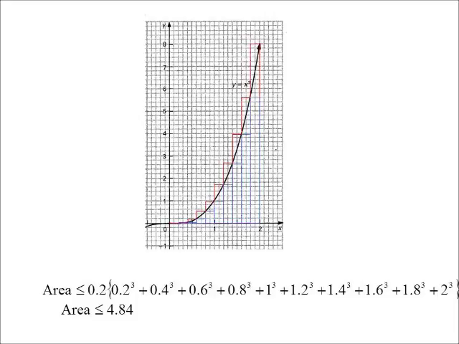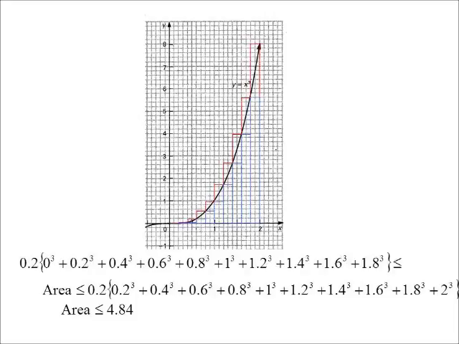Keep expanding out. Here they go. And I've now trapped it between 3.24 and 4.84. The average of those two, we're going good, is 4.04. Remember, the exact value is 4. So with 10 rectangles, I'm almost there.